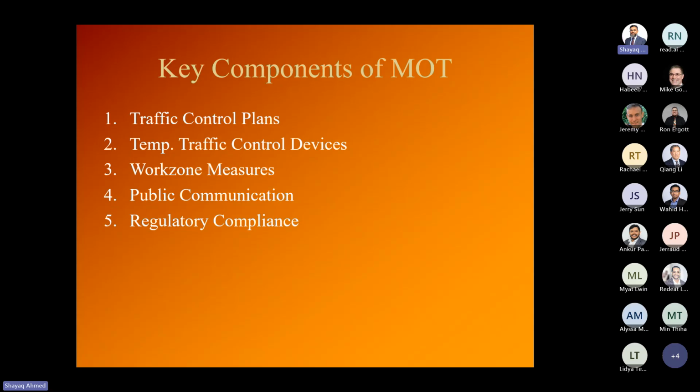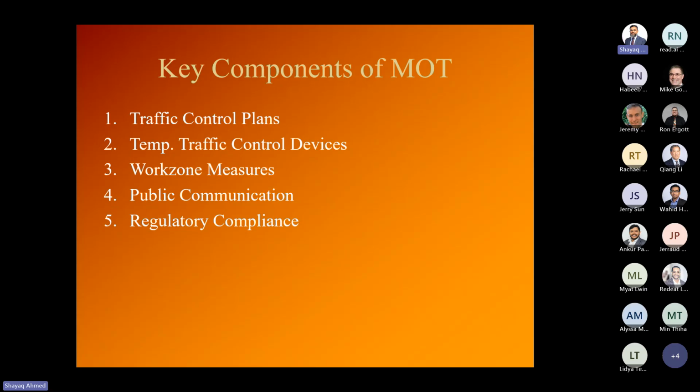Pavement markings are used to guide the traffic safely, and also work zone measures. These are the protection measures for the workers and road users, including the buffer zones, the flaggers, and temporary barriers, concrete barriers. These are the work zone measures that we have to implement for every traffic control plan.